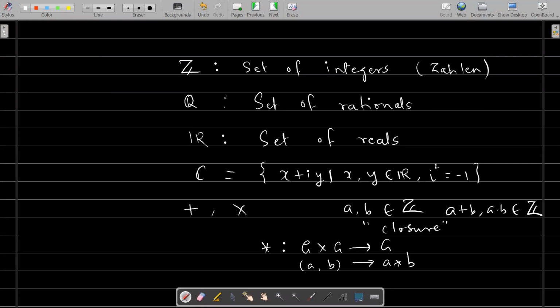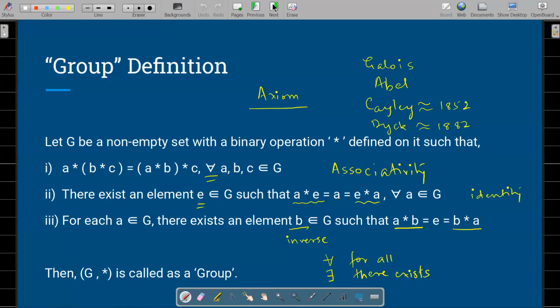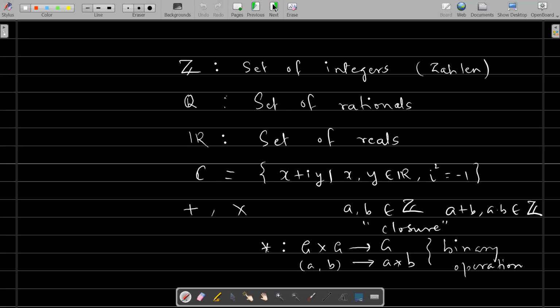Such an operation is called a binary operation. And you see, the name itself suggests bi stands for two. So at a time you can operate on two elements. But with the help of associativity, the first property, we can extend it to 3 elements, 4 elements, or in general finitely many elements.